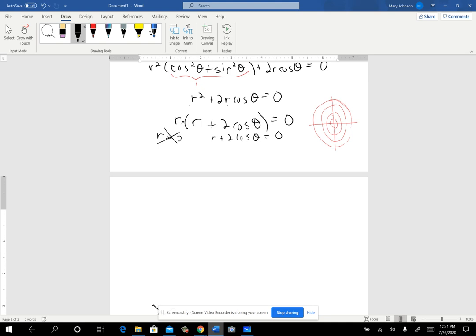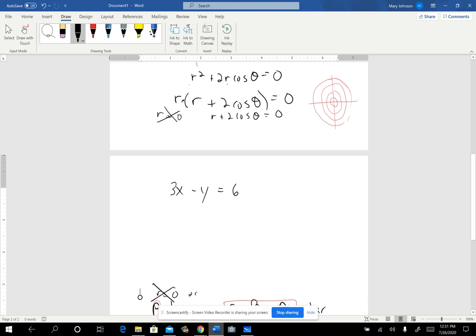Say you have one like 3x minus y equals 6. Well, it's not harder to know what to do, because it's always just plugging in r cosine theta for the x and r sine theta for the y. It's just a matter of how to get it organized in a typical way.